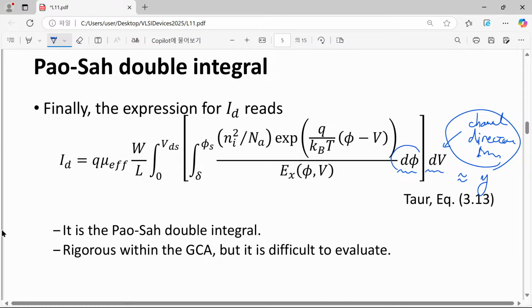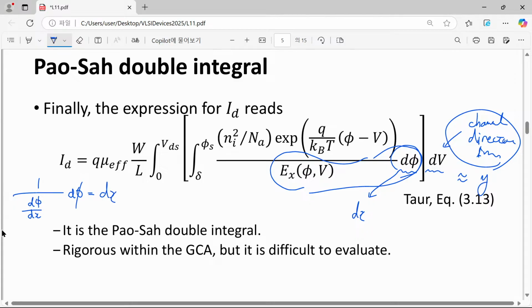And how about this d phi? D phi is related with actually x-directional integration. Please note that by combining these two, Ex is d phi over dx, and here d phi can be converted into dx.